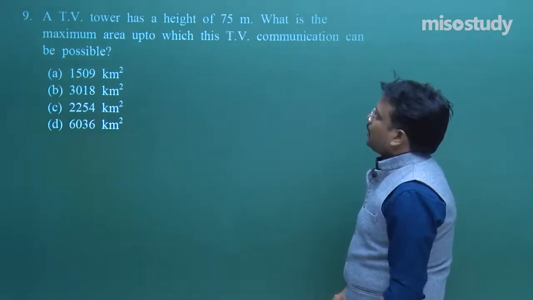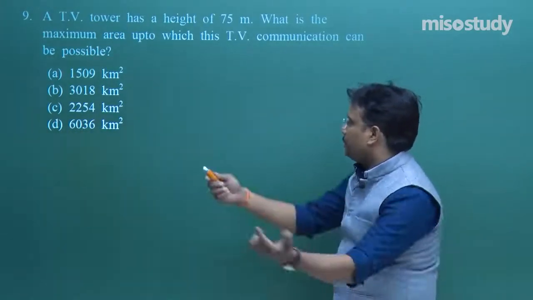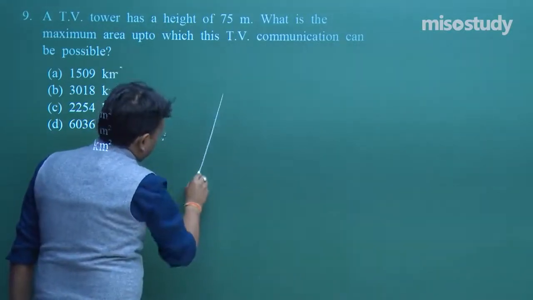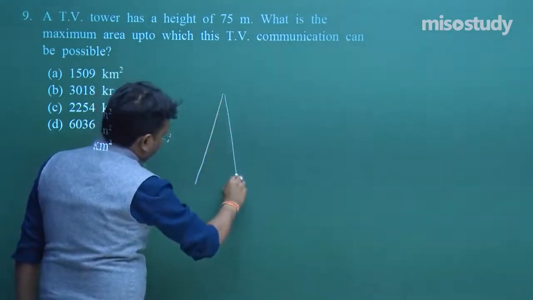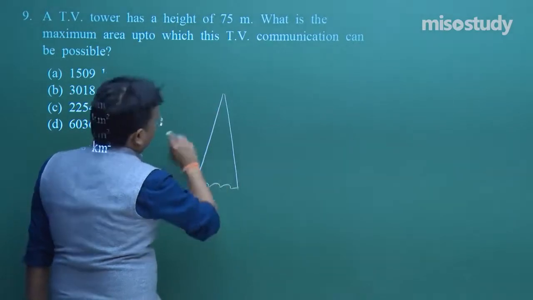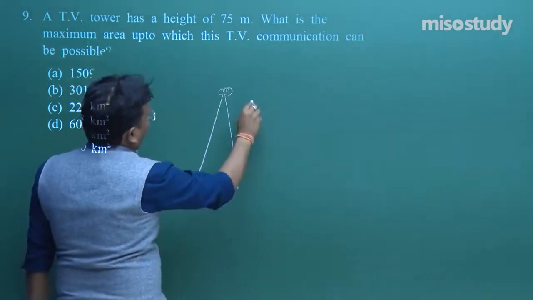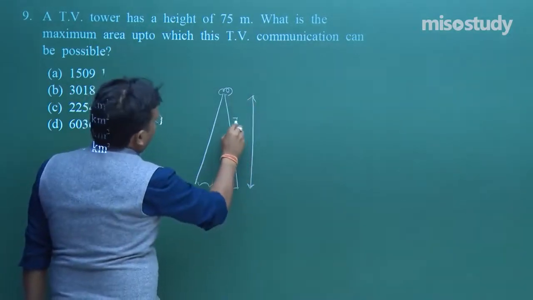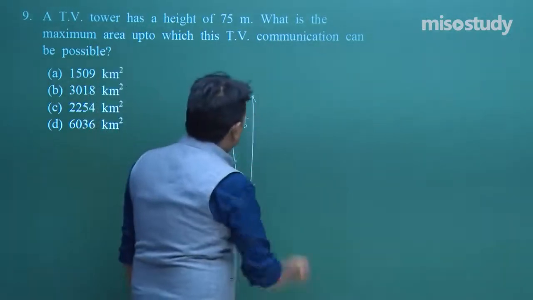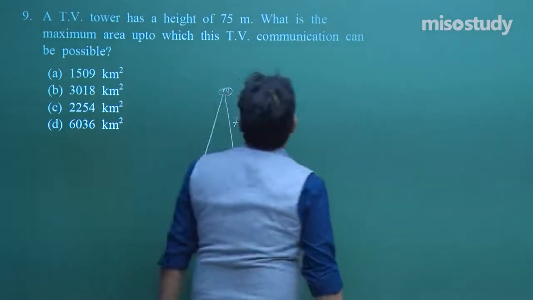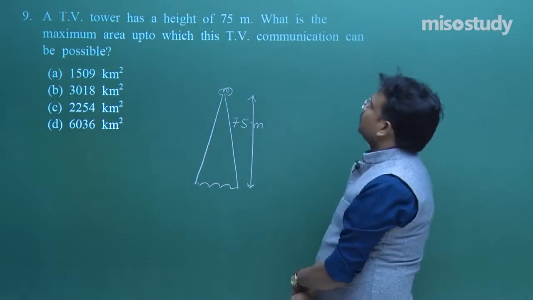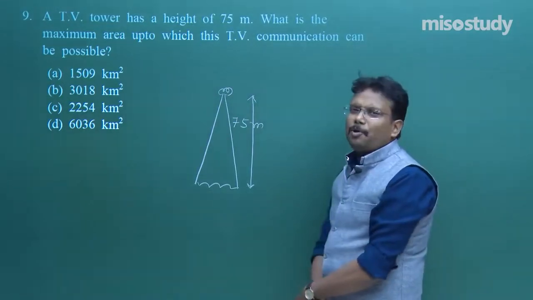A TV tower has a height of 75 meters. Okay, I love to create a TV tower. That is 75 meters. What is the maximum area up to which this TV communication can be possible?